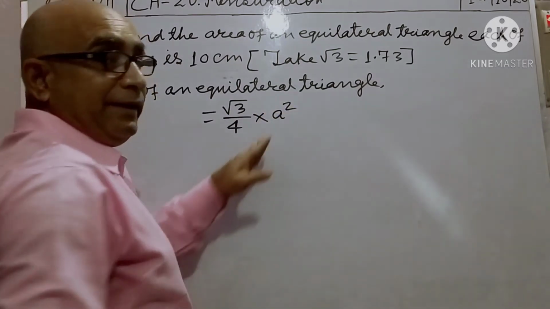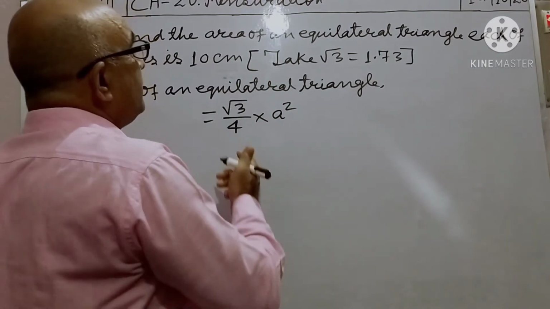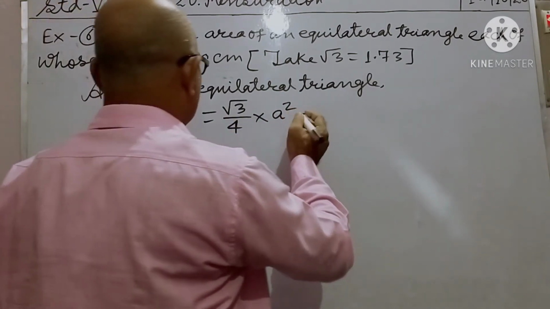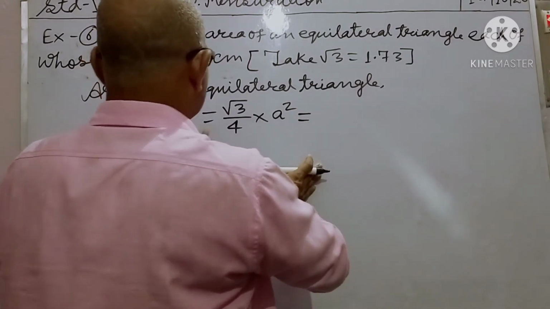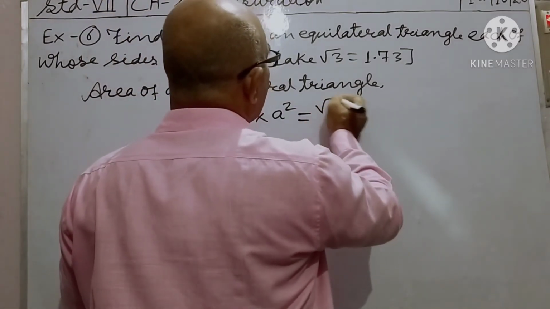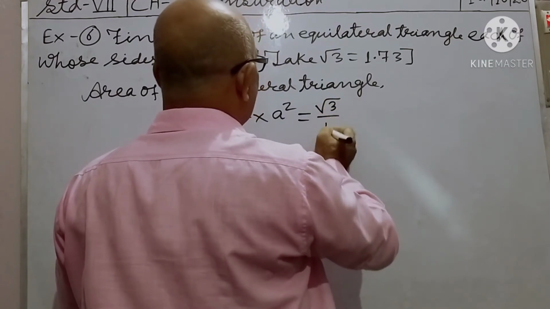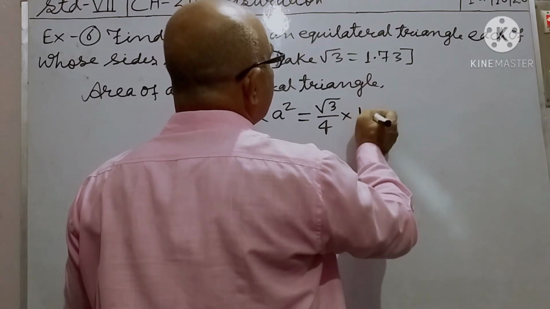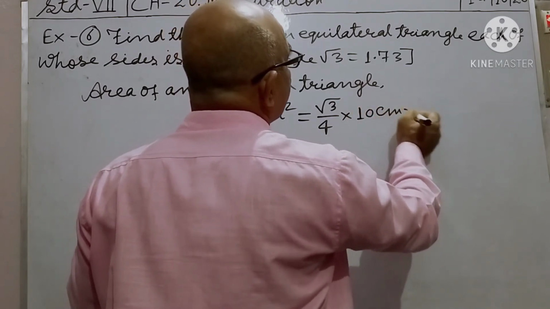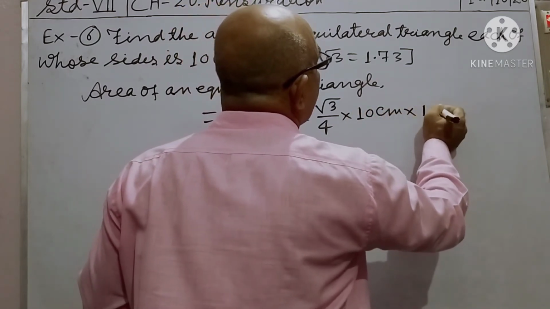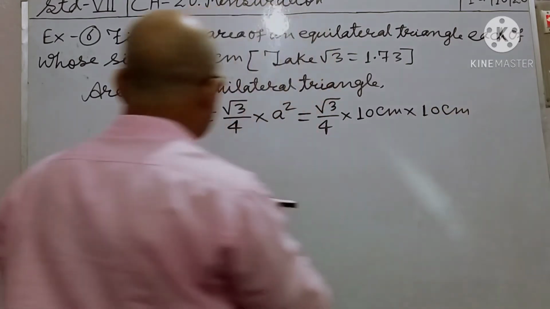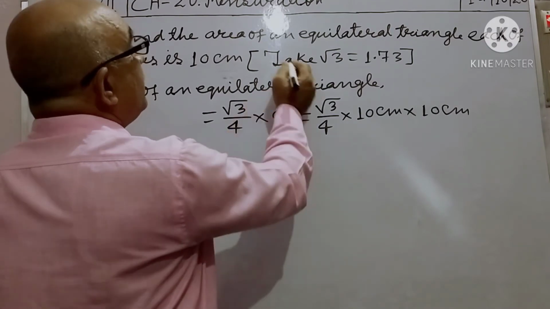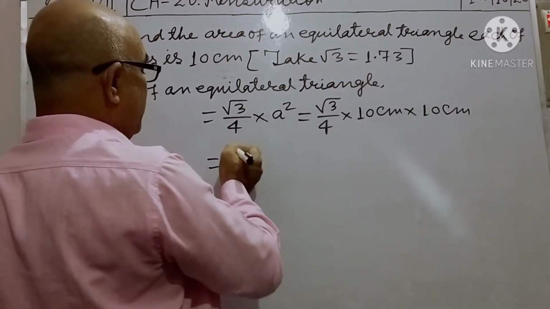A is the side of equilateral triangle. Equal to root 3 by 4 into 10 cm into 10 cm. Take root 3 equal to 1.73.